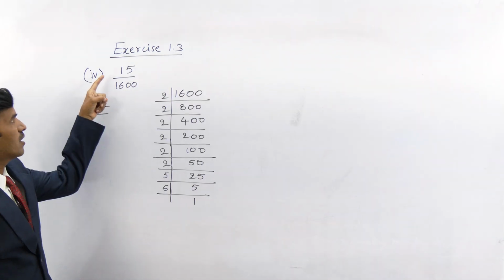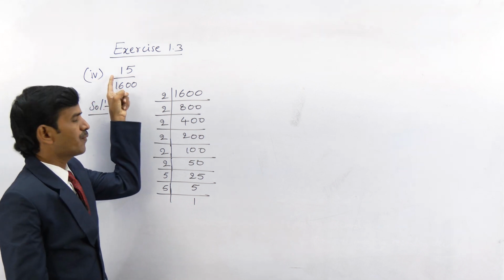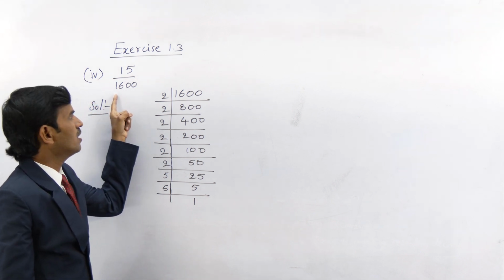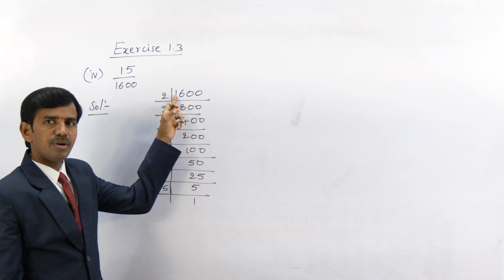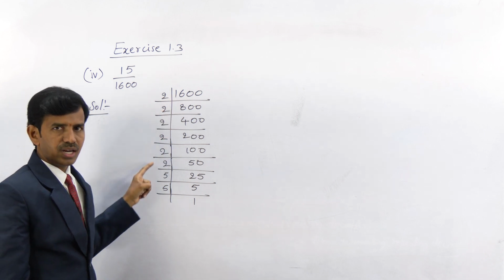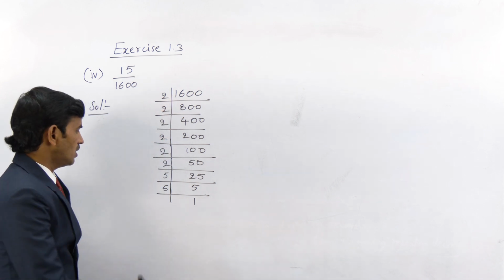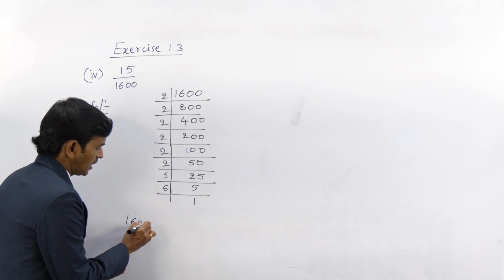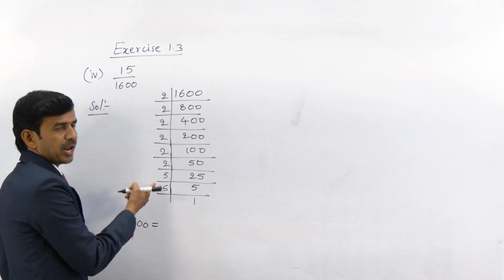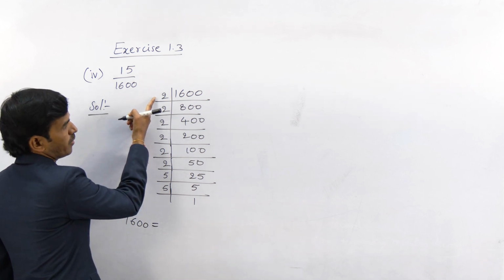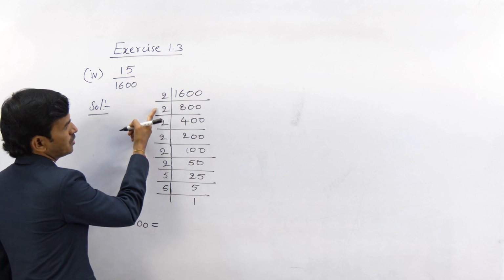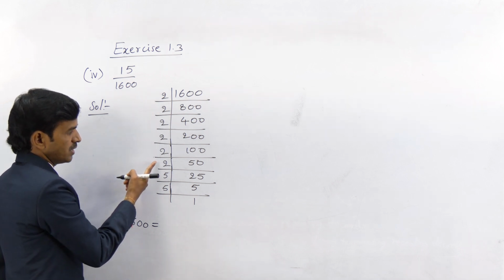Given fraction or rational number is 15 by 1600. So let us consider its denominator and find its prime factors. As we know this method, 1600 can be written as the product of primes. So let us take 2. How many times is it repeated in this? 1, 2, 3, 4, 5, 6.